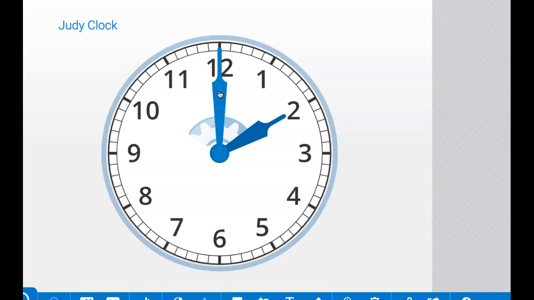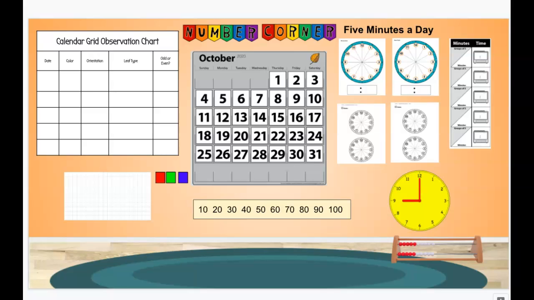But we wouldn't say that the time is 1:60. We'd say the time is 2 o'clock because our hours go up to 59 minutes and then they start over again. Now let's fill in our calendar collectors on our recording sheets in our student books.